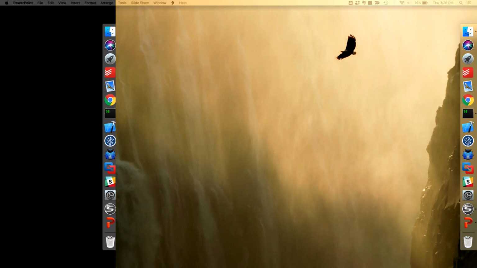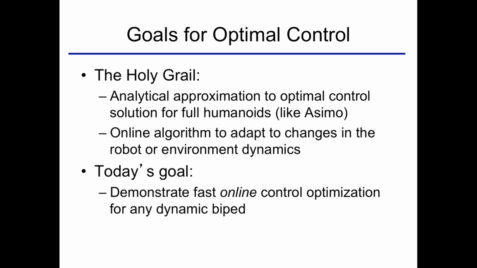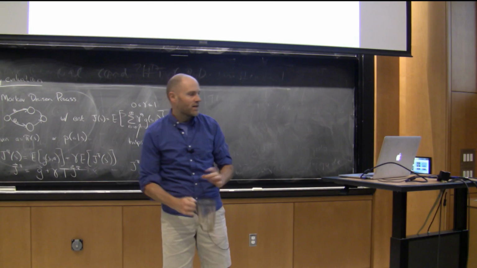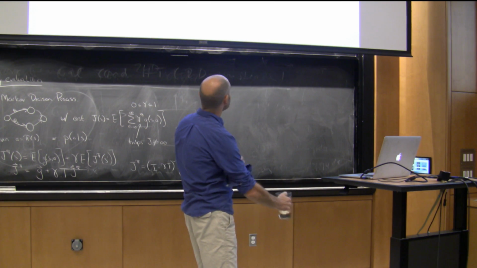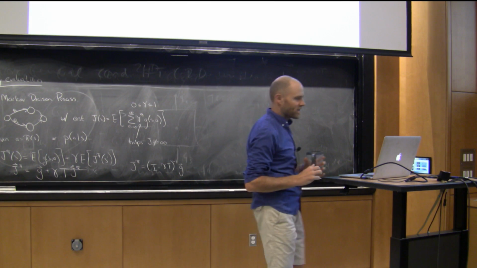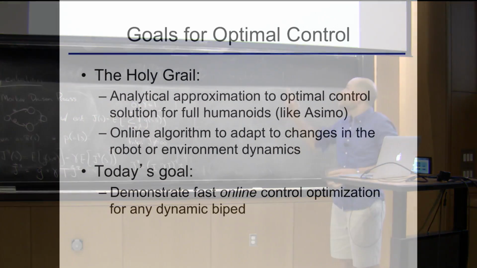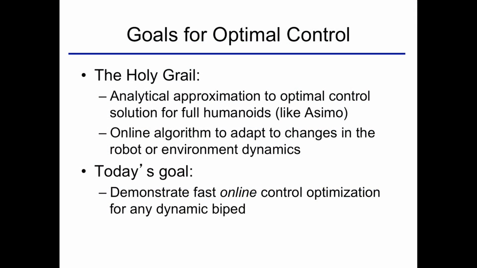Even back then, I was trying to get analytical approximations to the optimal control, for something like Asimo at the time. Asimo was the king, right? But I've always believed that learning makes sense for online adaptation to changes in the environment. So my thesis was about trying to demonstrate fast online control optimization for a biped.